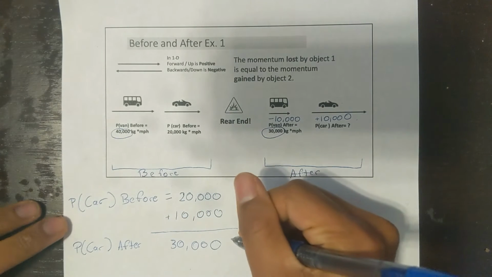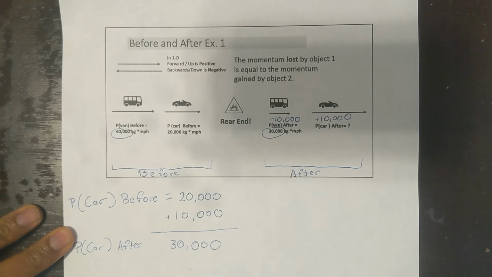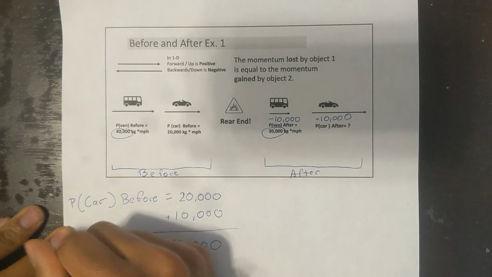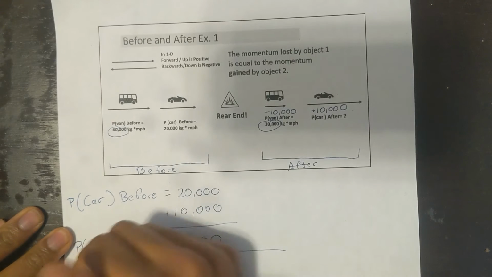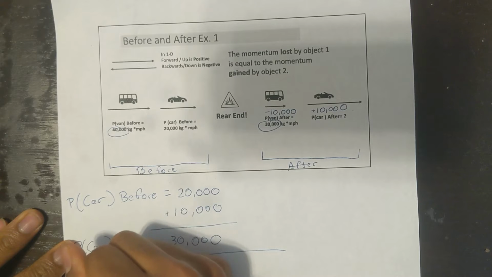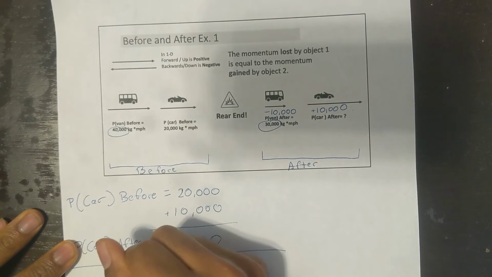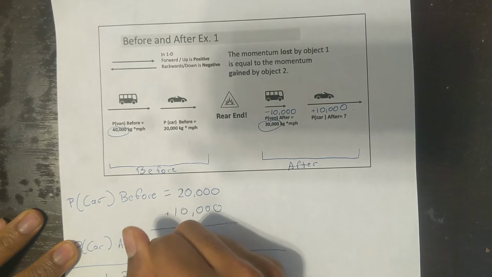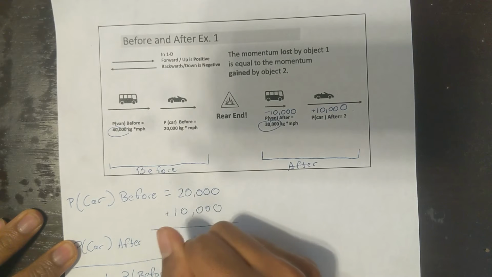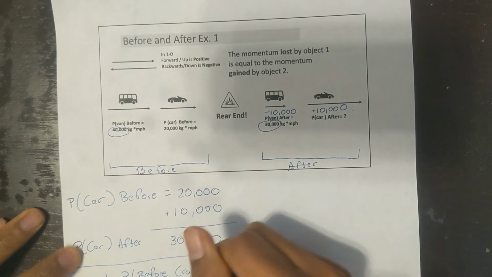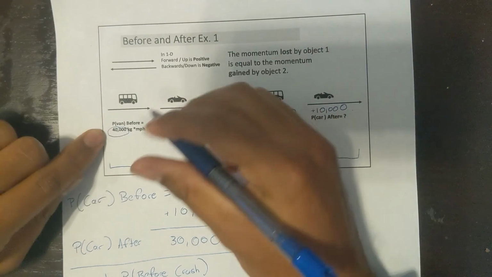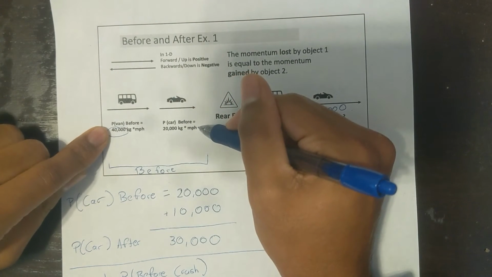The next question asks us, what is the total momentum before the crash? To know the total before, we just add up the momentum of the two cars before the crash.